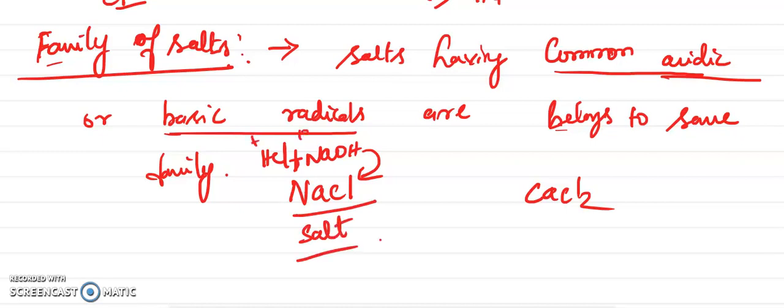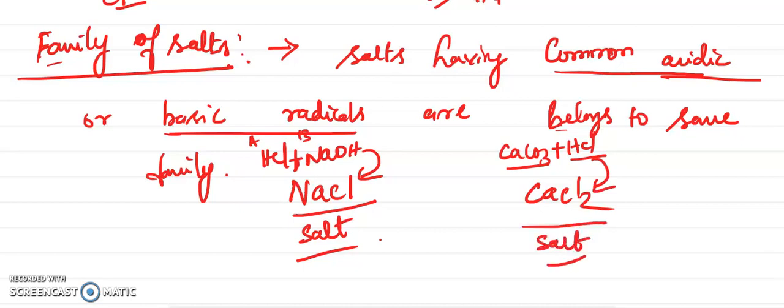This is the acid, this is the base. Here, CaCO3, which is a base, reacts with the acid HCl to give the product CaCl2, a salt. So this is also a salt, and this is also a salt. But you cannot compare the salt with the acid.